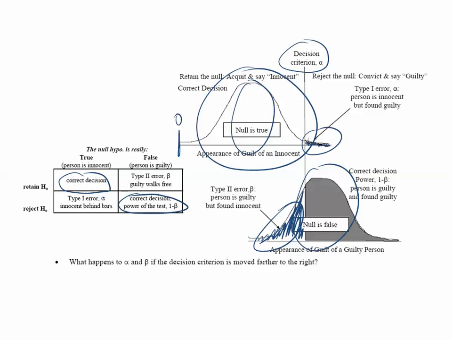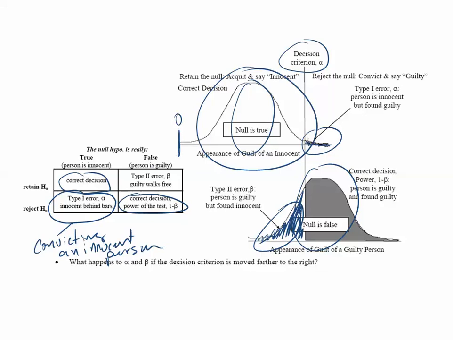However, if we reject a true null hypothesis, we commit what is called a type 1 error. And you can kind of think of this as convicting an innocent person.